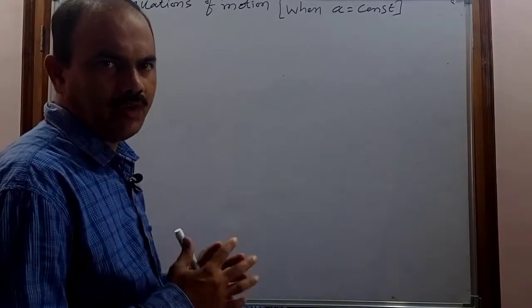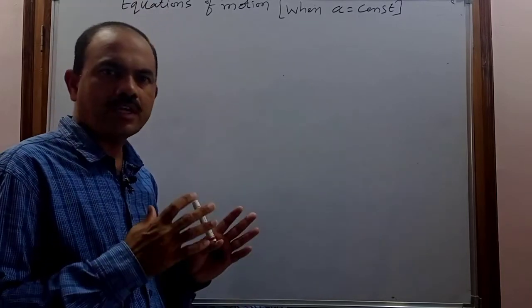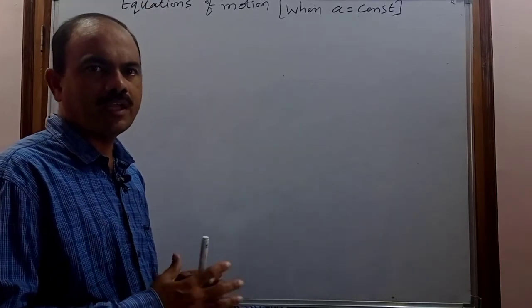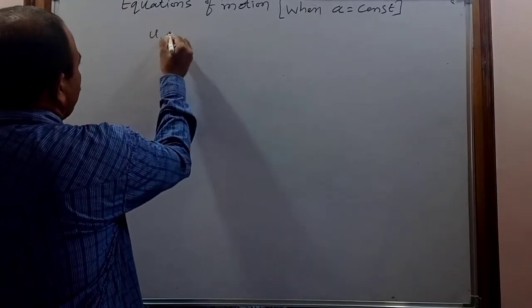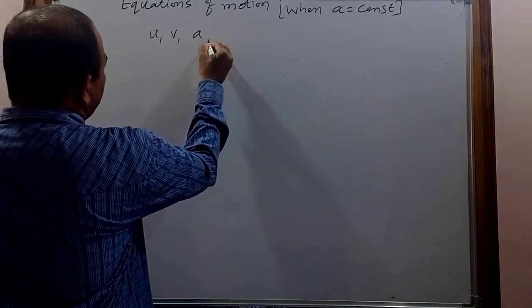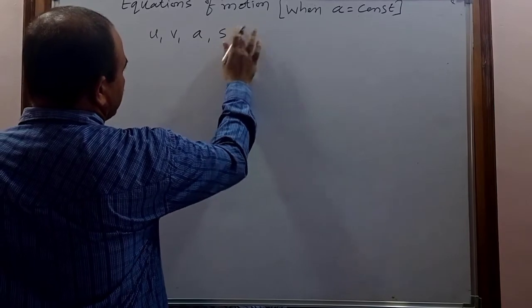The equation of motion is the equation that gives the relation between u, v, a, s, t.